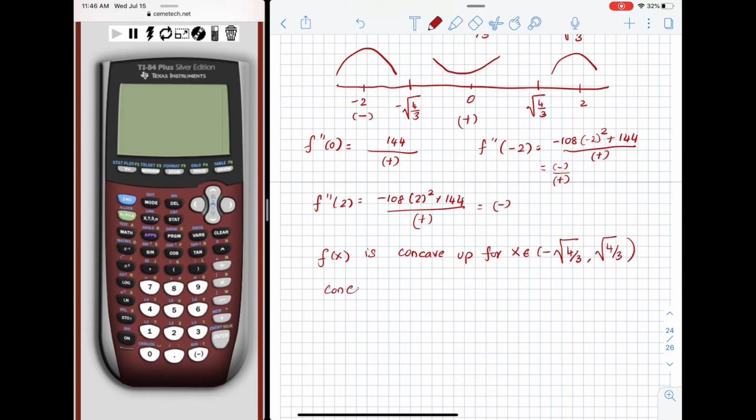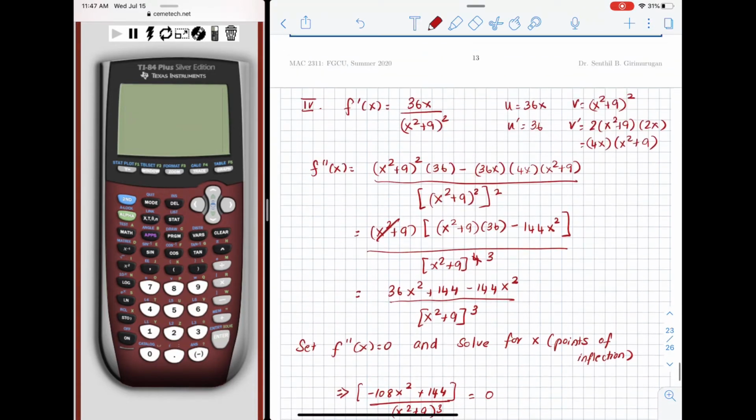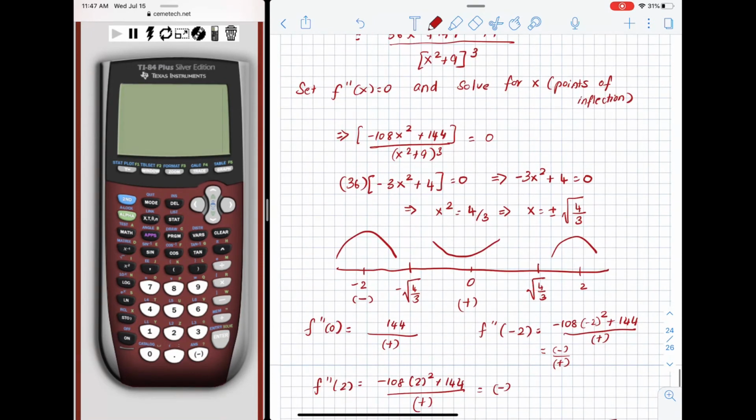And it is concave down for x in negative infinity up to negative square root of 4 over 3, union square root of 4 over 3 up to infinity. If I have to guess the graph, I know that there is an asymptote at y equals 1, and there is a minimum also, and it is concave up in the middle.